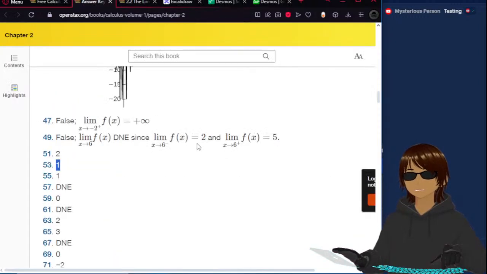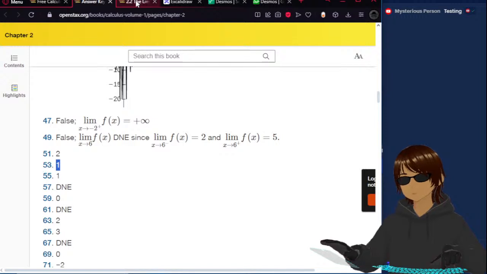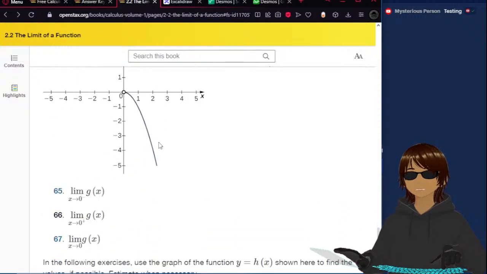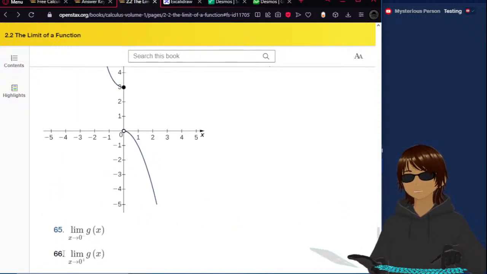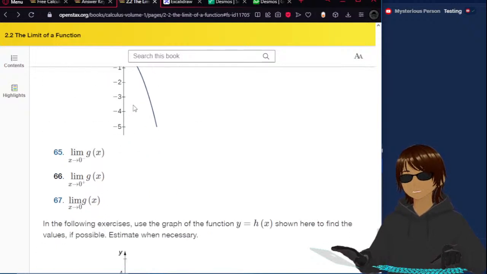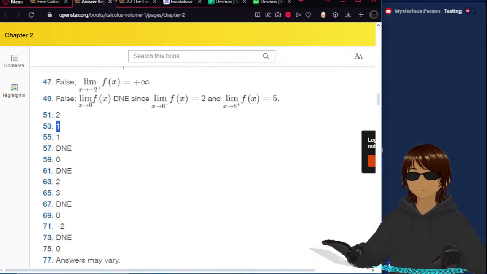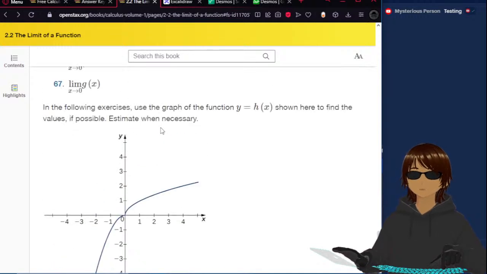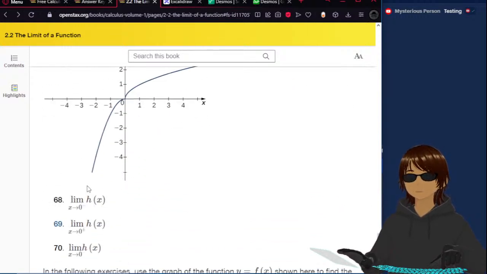Let's do 63. 2. Yep, 2 is the correct answer. 0 from the negative side, it's plus 3. And overall, it doesn't exist. Okay. Zero from the negative side.